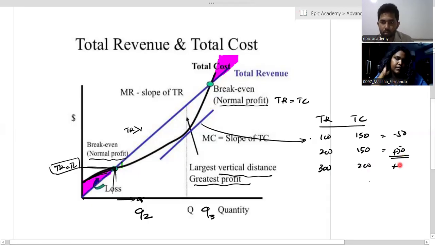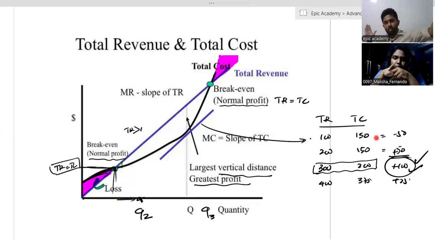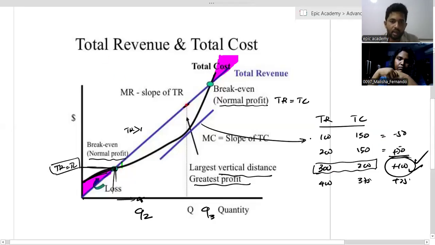It is plus 100 profit. 400 and 375. It is just 25. So the maximum distance between TR and TC is there. That is how you can maximize the profit. You need to keep the maximum distance between TR and TC. If you can make the maximum distance between TR and TC, you can earn the money. But your total revenue must be greater than the total cost.